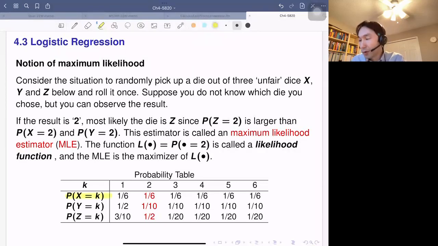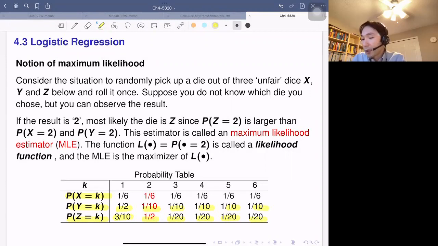X, Y, and Z are different dice. X is a usual fair die. Y is a loaded die with 1/2 probability for one and 1/10 probability for the others. And Z is also a loaded die, with 1/2 probability of getting the face 2, 3/10 probability for 1, and 3, 4, 5, 6 with only 5% probability.